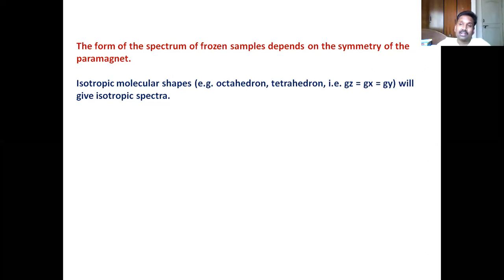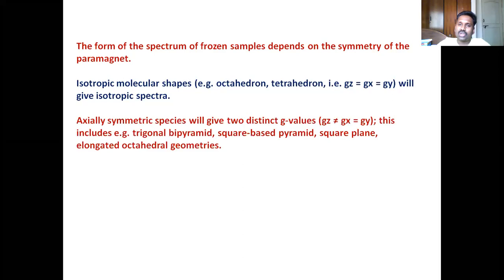But in all cases, a spherical field is not obtained. You can distort that field. Instead of making it fully symmetric, you can make it axially symmetric. So what do you mean by this axial symmetry? Now, of these 6 equal ligands, you replace 2 ligands with some other ligands.